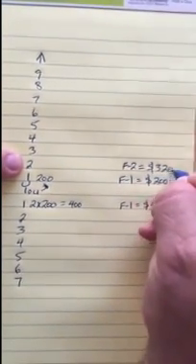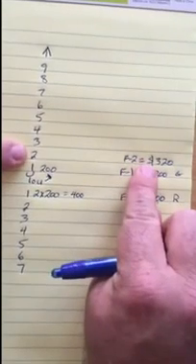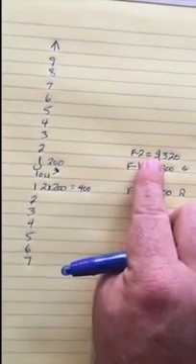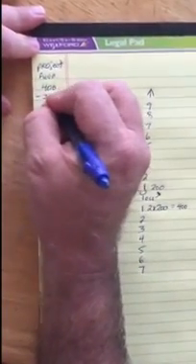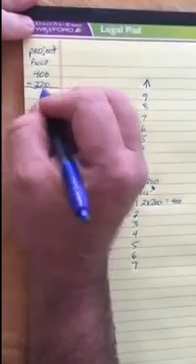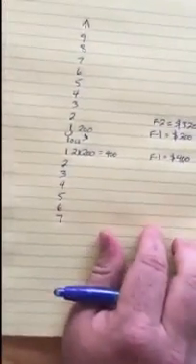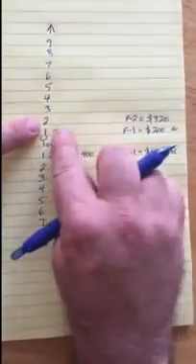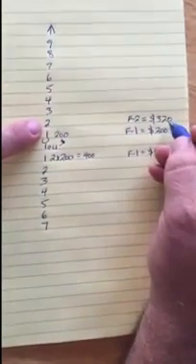Okay, so $320 is the second step. So we're going to go over here to the project fund, and we're going to minus $320 out of your project fund, so that leaves you with a total of $80 in your project fund. Okay, now we're going to distribute this $320.